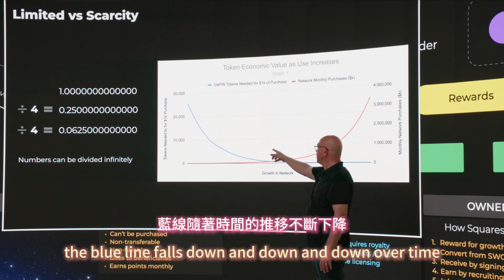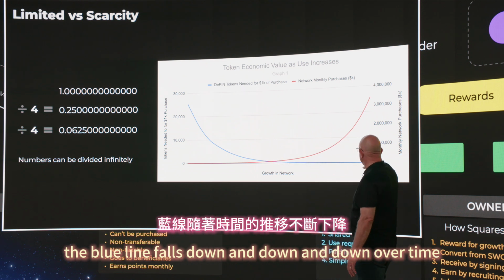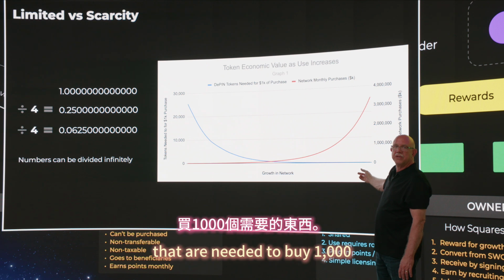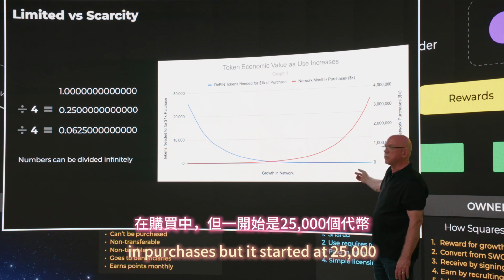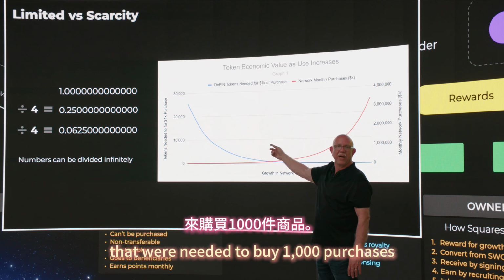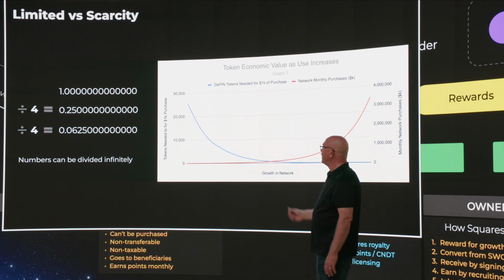The blue line falls down and down over time until it drops to only a few dozen that are needed to buy $1,000 in purchases. But it started at 25,000.